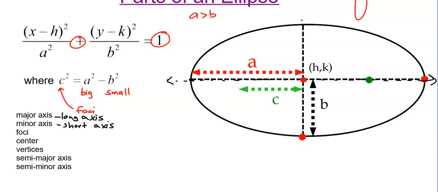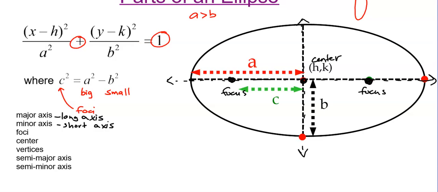So if I were putting that on the diagram, it would be this guy, your short axis. Your foci, we already talked about that, but those are your 2 points here. There's one focus, there's the other focus. Center, I think that one's obvious. It's right in the middle of your ellipse.